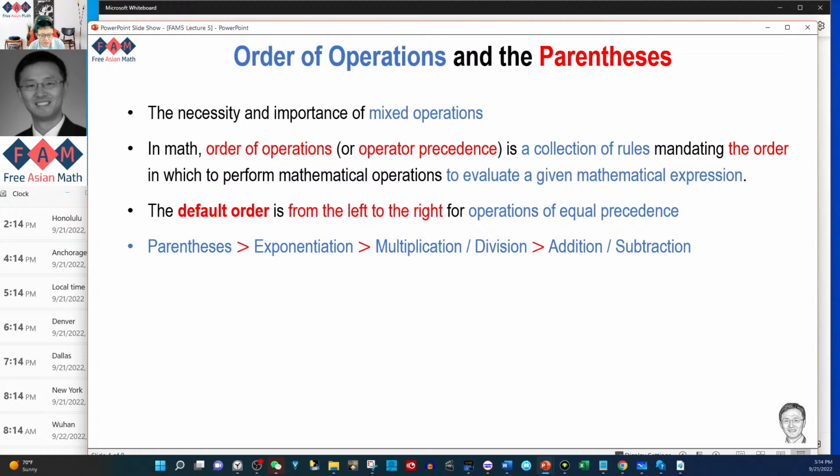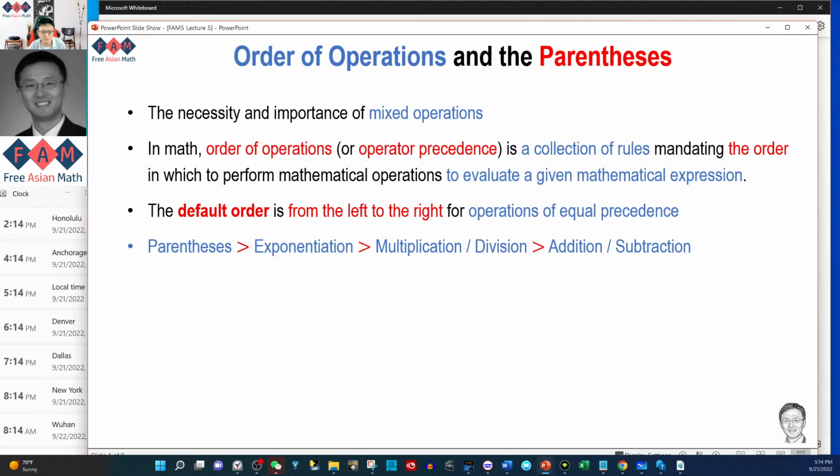On the other hand, you will also learn subtraction is nothing but another way of doing addition. As a result, addition and subtraction are of equal importance. We don't say addition is more important than subtraction or vice versa. Similarly, division is just another way of stating multiplication. Therefore, once again, we treat multiplication and division at the same precedence.